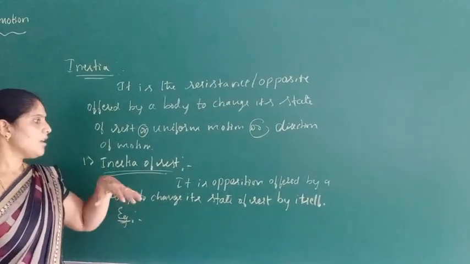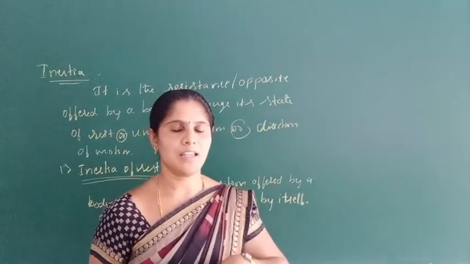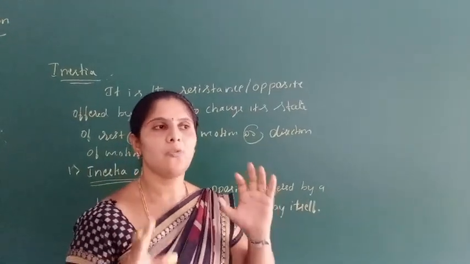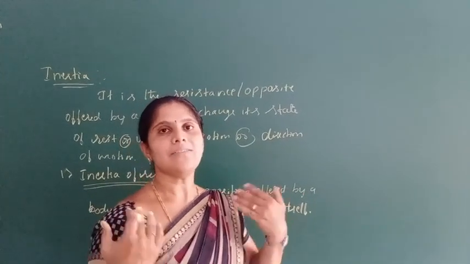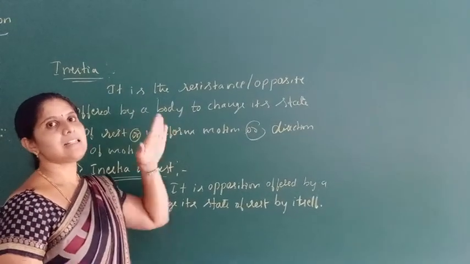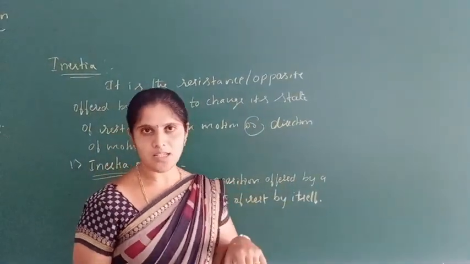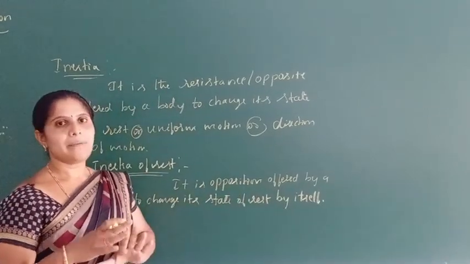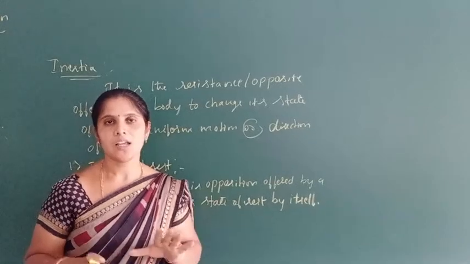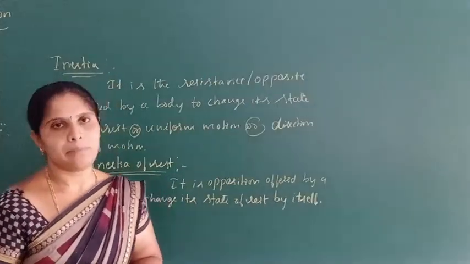if the bus starts suddenly, suppose you sit inside the bus. What happens? You feel a backward jerk. If the bus starts suddenly, you feel the backward jerk because of the inertia of rest. The lower part of our body is in contact with the bus.